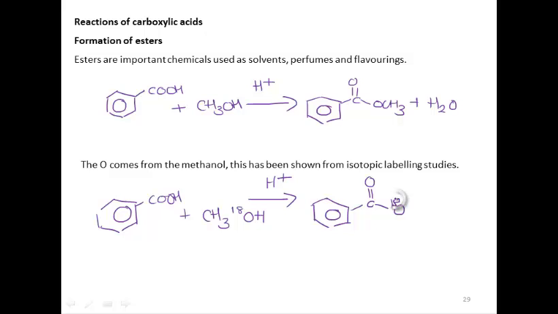It has been shown that this oxygen here is from methanol because it contains the isotope. Okay, the catalyst is concentrated sulfuric or phosphoric acid.